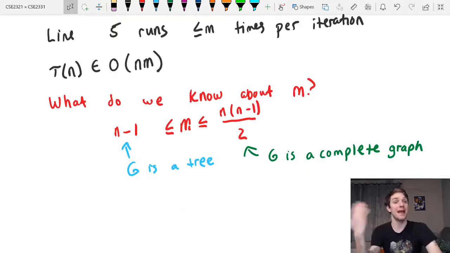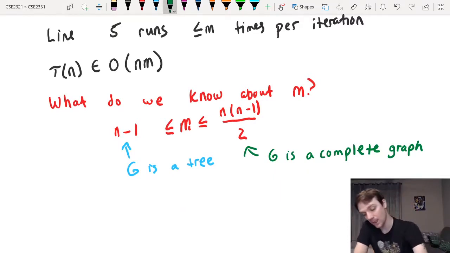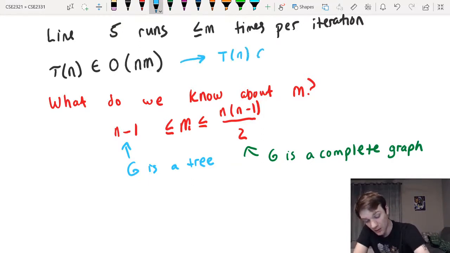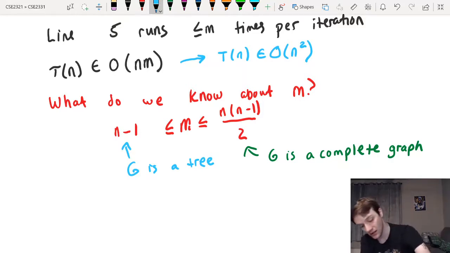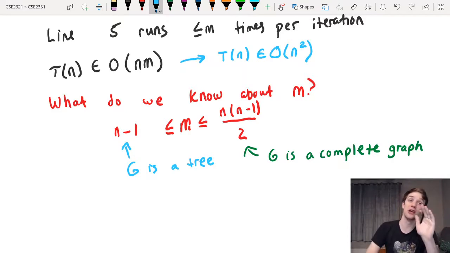So m is somewhere between n and n squared, which means that T of n could, in the worst case, be in big O of n cubed. And even in the best case, where we just have a tree, we would have to be at least in big O of n squared. There's no way around that. That's already not a great runtime.